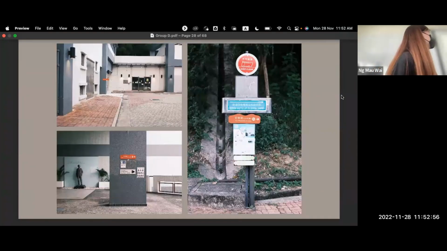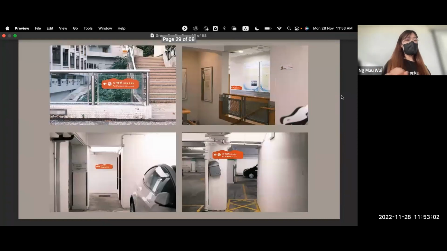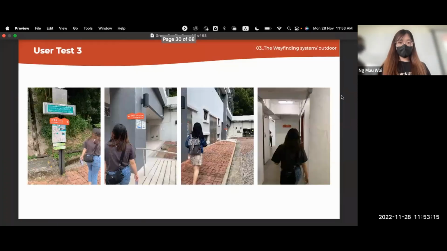There are 8 outdoor signs in total, mainly placed in areas like near the car park and the footbridge. Especially for those concealed corners, we put this outdoor signage to help users find the art museum more easily.